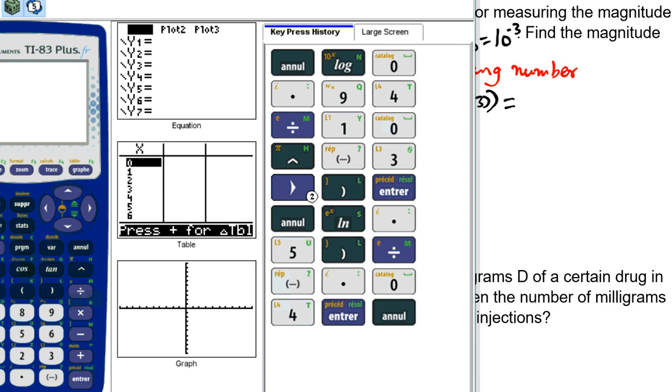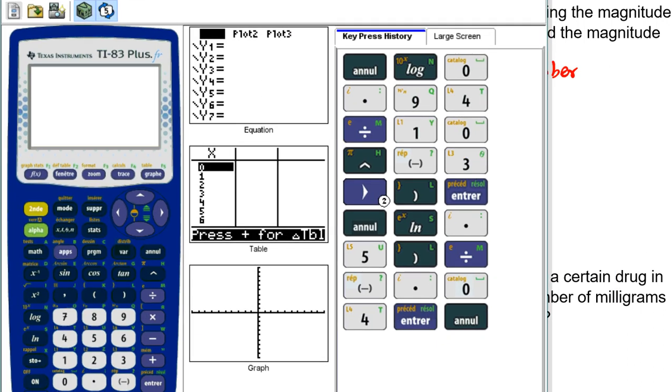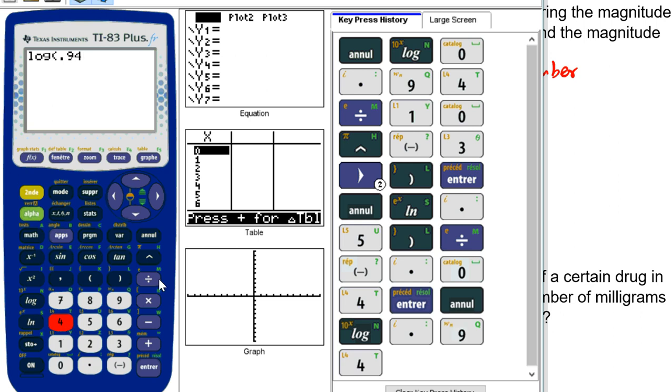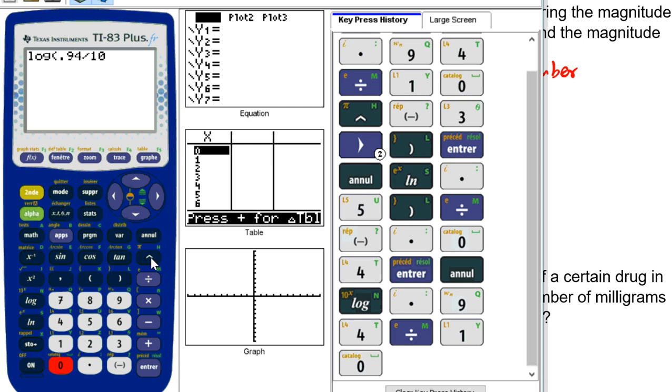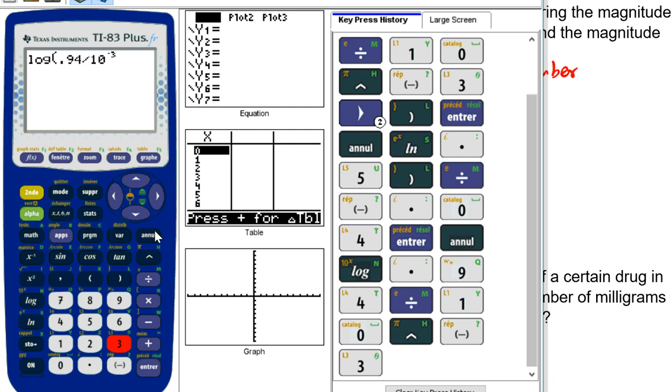So you hit log and then 0.94, divided by 10 to the, using the negative key, negative 3, then move the cursor to the right and close bracket.